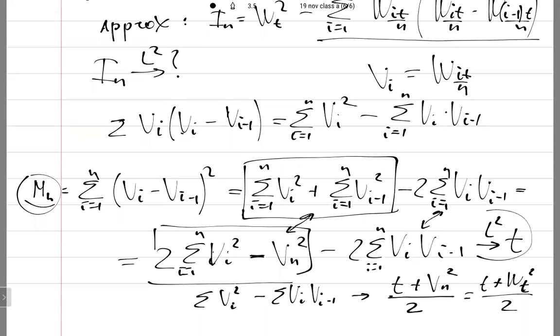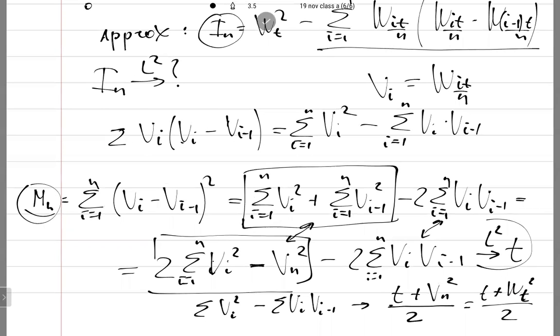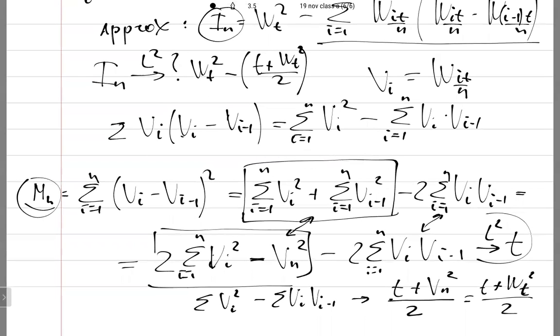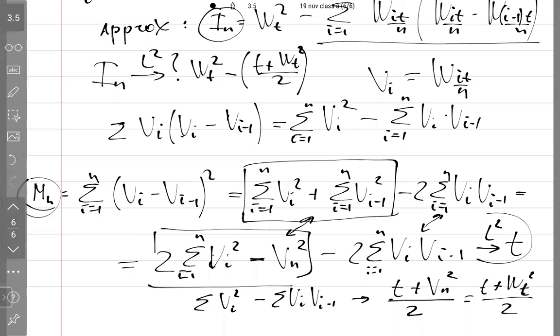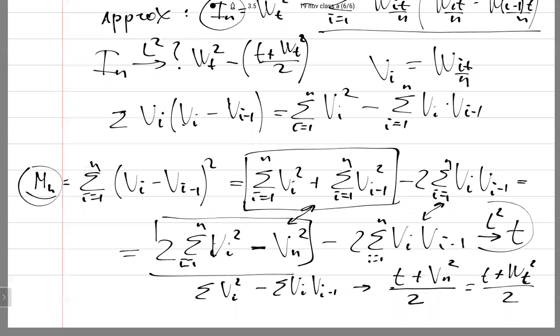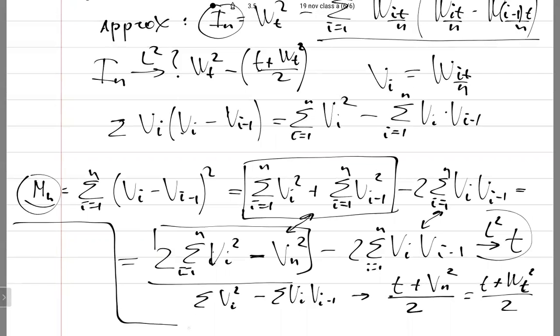Okay. And finally, for my In, I have an answer. It is Wt squared minus the limit of this sum. And the limit of this sum is t plus Wt squared over 2. So finally, we have calculated our first stochastic integral. That's all for today. I don't like to turn a page, sorry, but I think it will remove all our calculations.